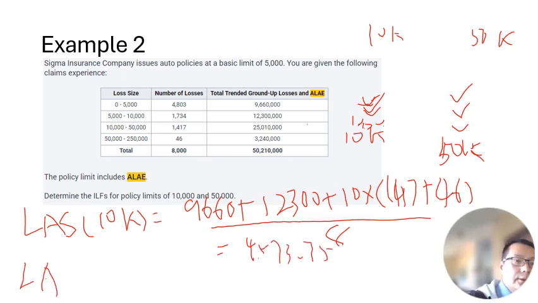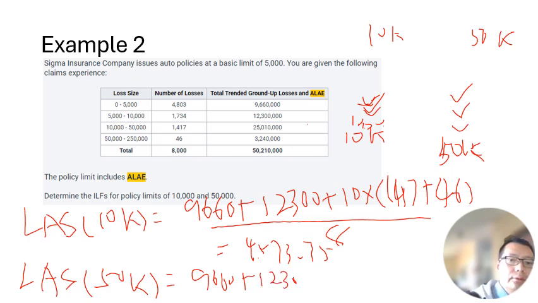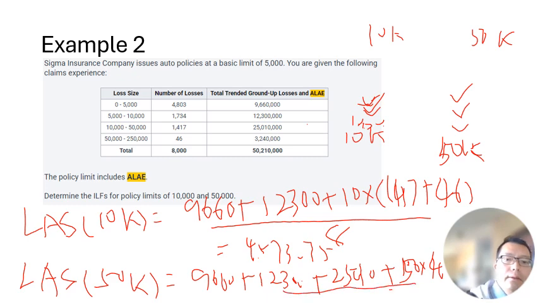And the second one is 50K. This will be 9660 plus 12300 plus 251010 plus 50K times 46, divided by 8. So this will give you 6158.75.